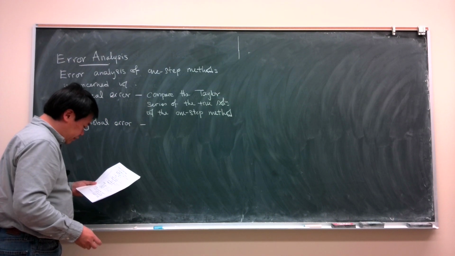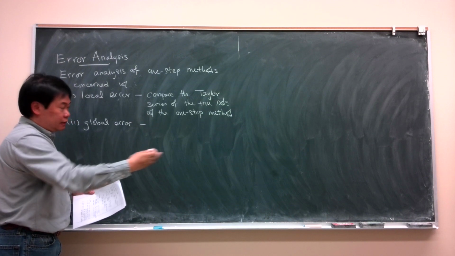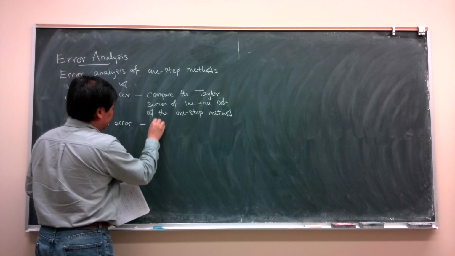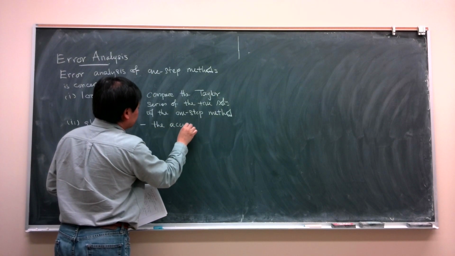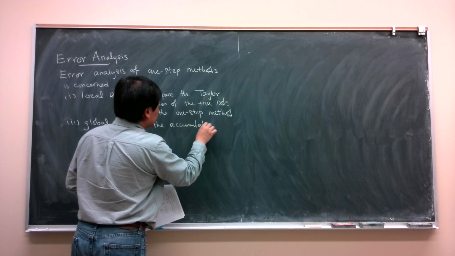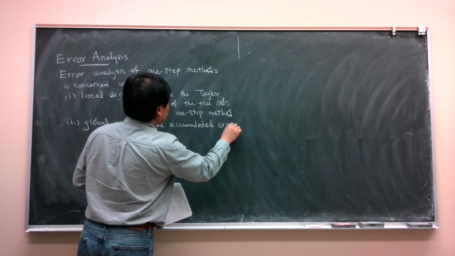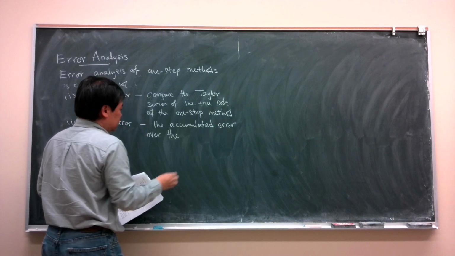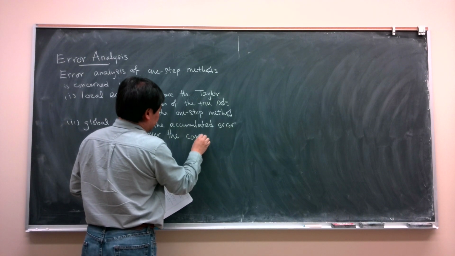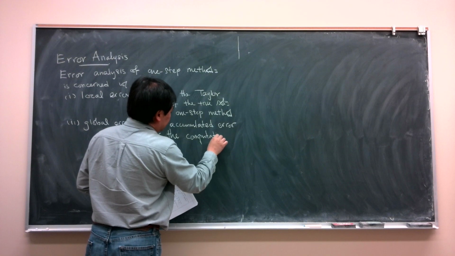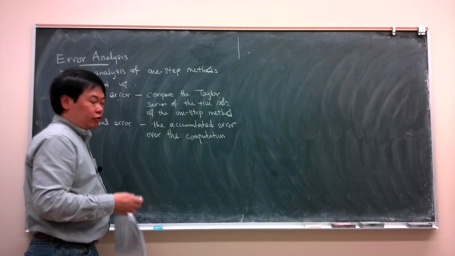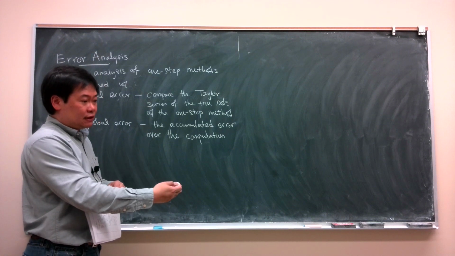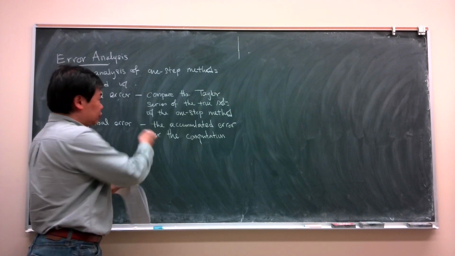And global error is what happens when you accumulate this error over the entire trajectory. So the accumulated error over the computation of the trajectory. And where this gets complicated, of course, is that even though initially you have the right initial conditions, after taking one step, there is an error which comes in, the local error.